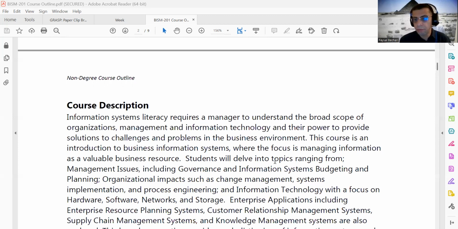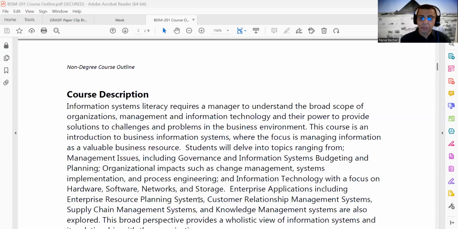Students will develop into topics ranging from management issues, including governance and information system budgeting and planning, organizing impacts such as change management, system implementation, and process engineering, and information technology with a focus on hardware, software, networking, and storage.